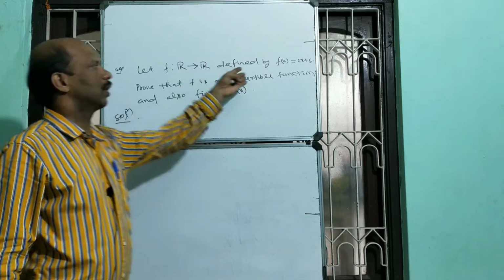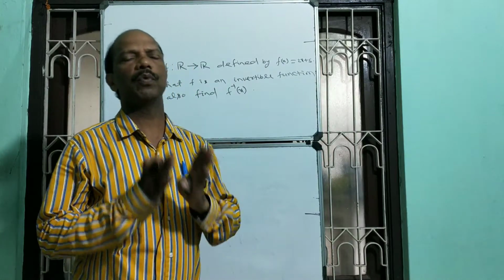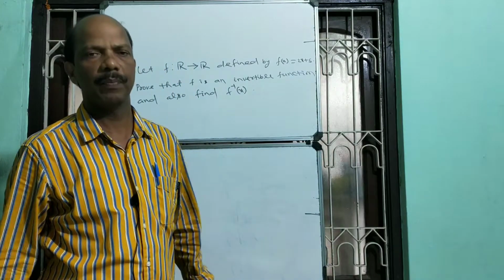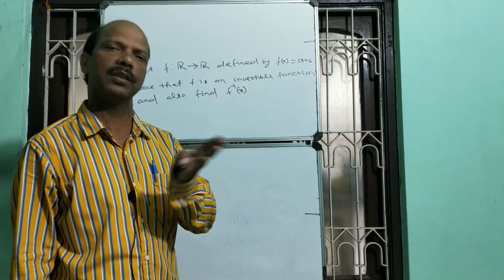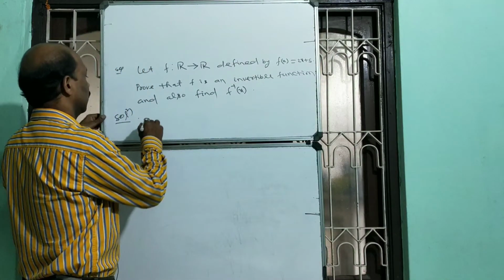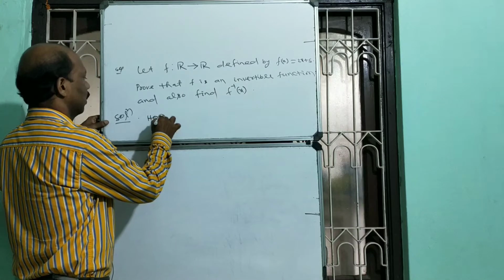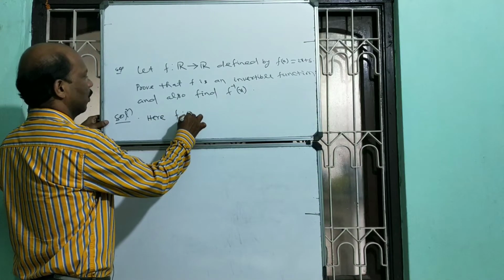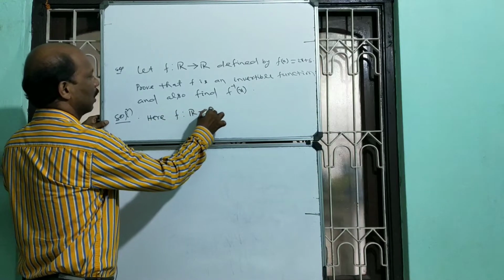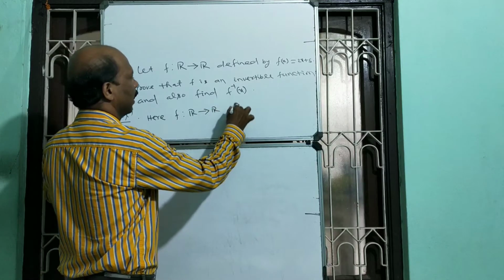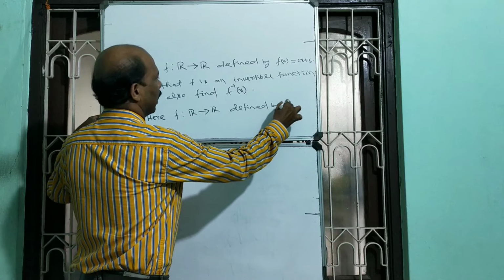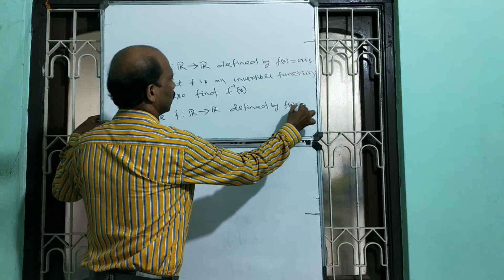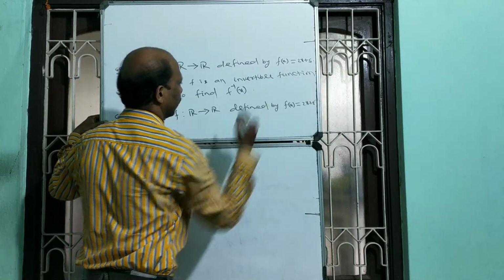To prove the function is invertible, we have to show that it is a bijective function. That means we have to show that it is injective as well as surjective. So here f maps from R to R defined by f of x is equal to 2x plus 5.